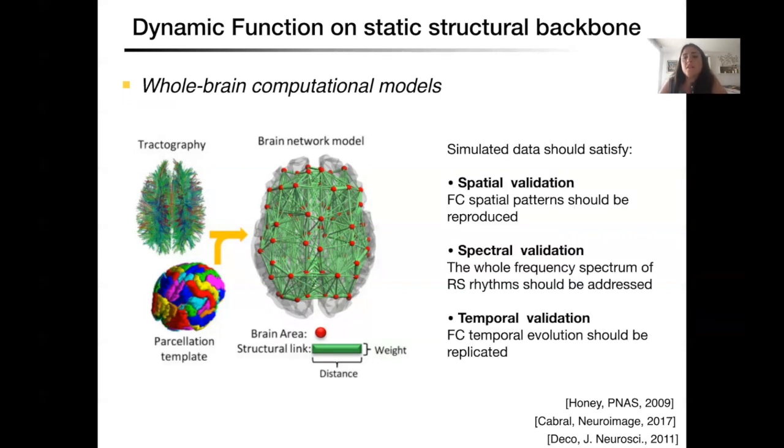And simulated data should satisfy different criteria: spatial validation, spectral validation, so being realistic in terms of functional connectivity patterns and in terms of frequency content, but also, what I wanted to underline, a temporal validation. So functional connectivity temporal evolution is considered and should be replicated so that the simulated functional data can be considered realistic.